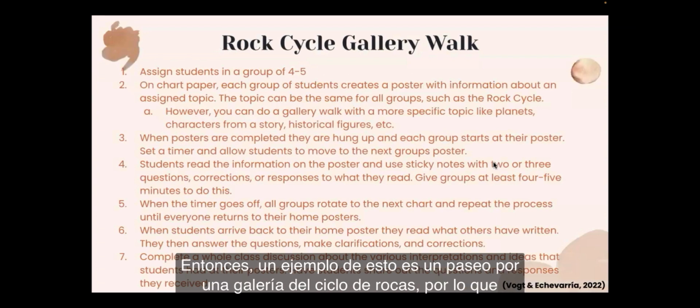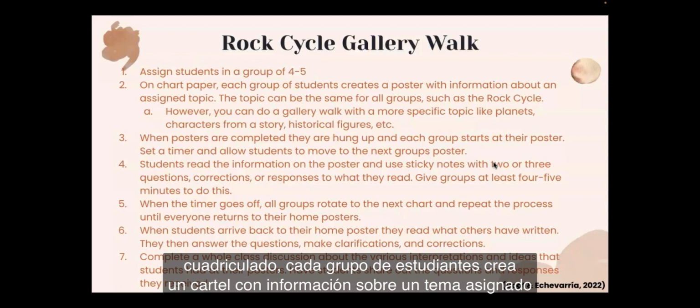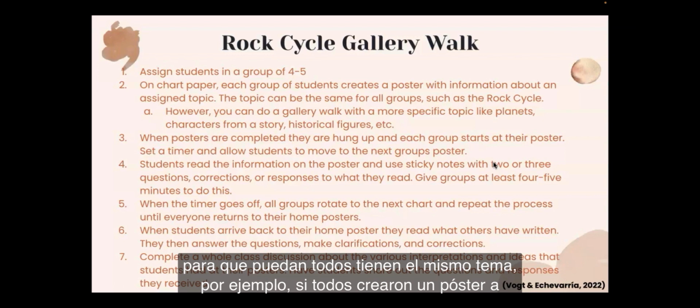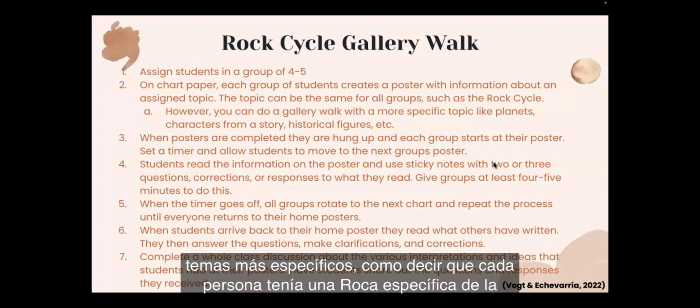So an example of this is a rock cycle gallery walk. The first step would be to assign students in a group of 4 to 5. On a chart paper, each group of students creates a poster with information about an assigned topic. They can either all have the same topic, for example, if they all created a poster on the rock cycle, or you can have a gallery walk where they go over more specific topics.